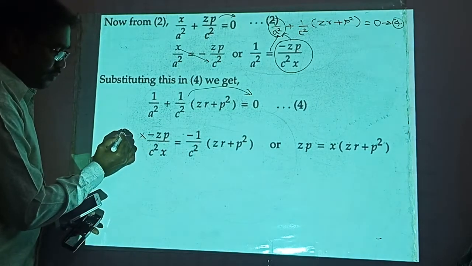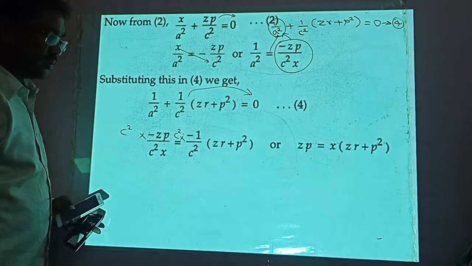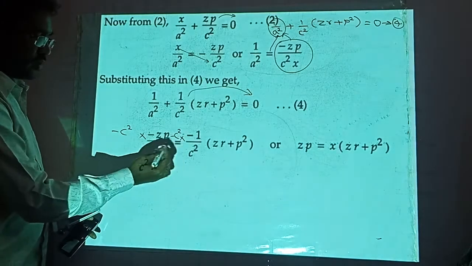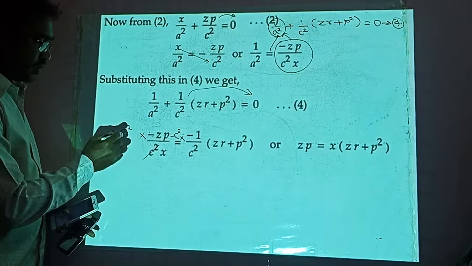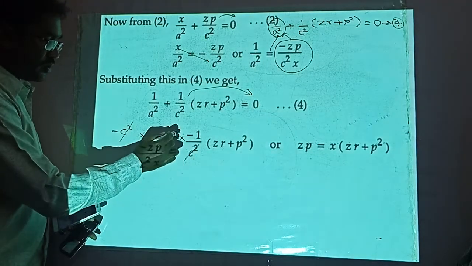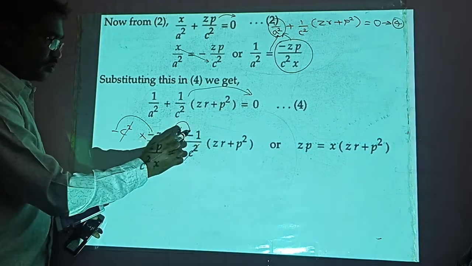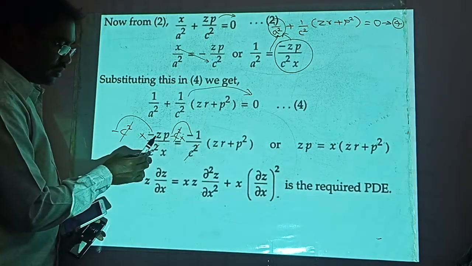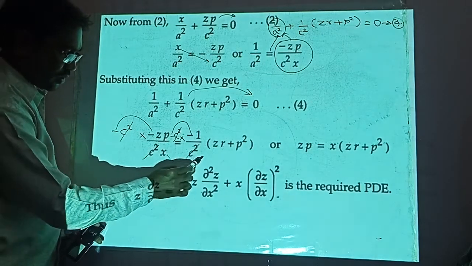If you multiply both sides by minus c square, c square will get cancelled, minus into minus plus. So what you get is this thing, zp, and this x we are going to cross multiply here.